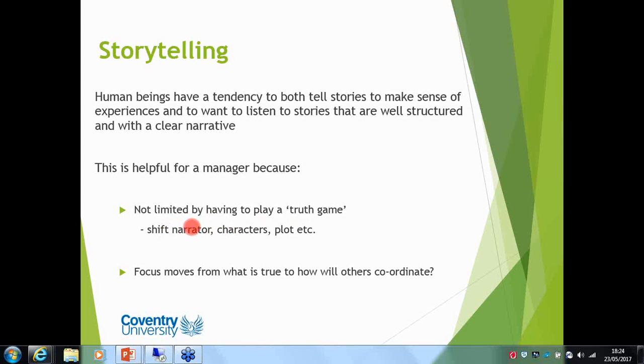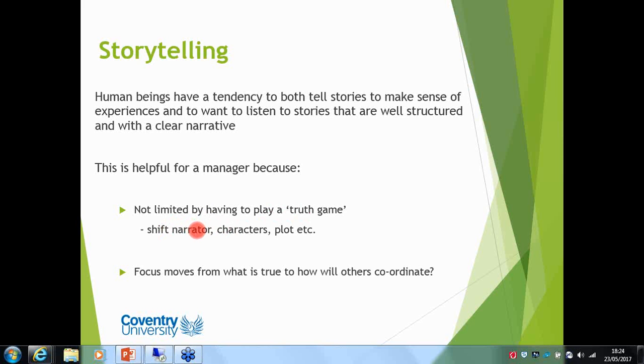So to their manager, they might want to look like they've been a victim of bad behaviour by a colleague, but they may describe it in a different way to somebody else. It's not necessarily about truth or lies. This is just about how people tell stories and make sense of themselves.